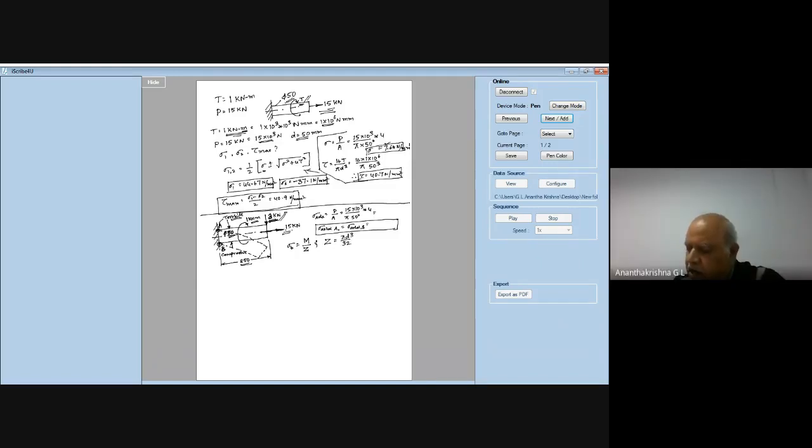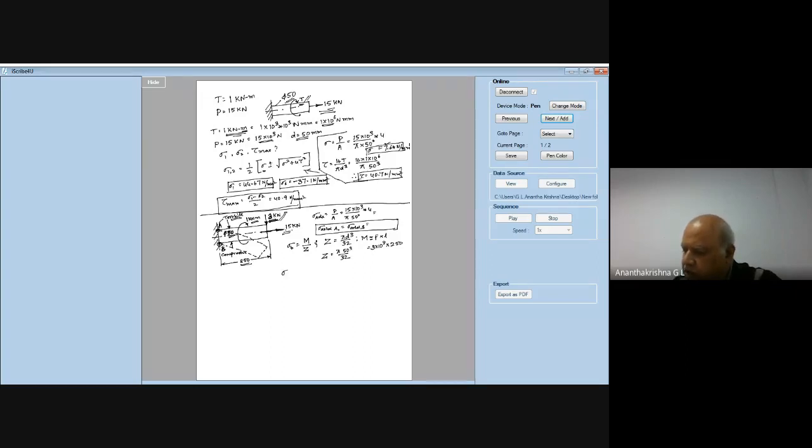And M is what? M is force into perpendicular distance. F into L, that is equal to 3 into 10 power 3 Newton into length 250 mm, and Z is pi into 50 cube by 32.